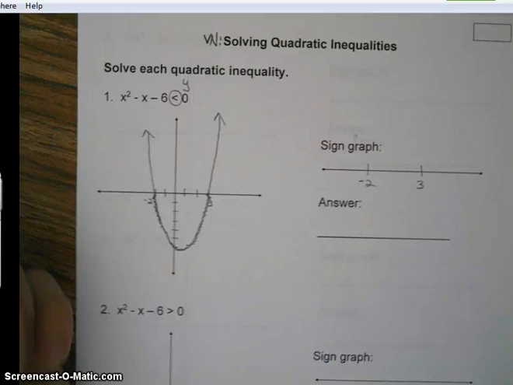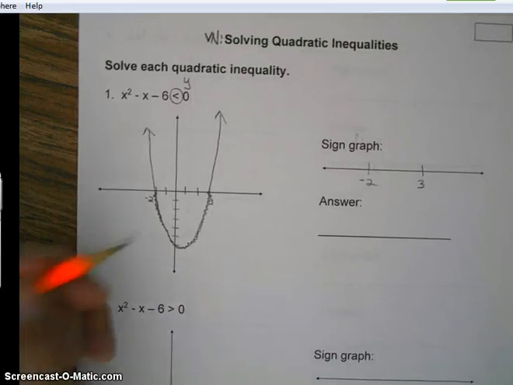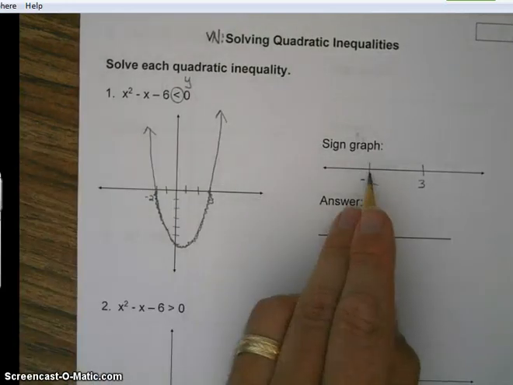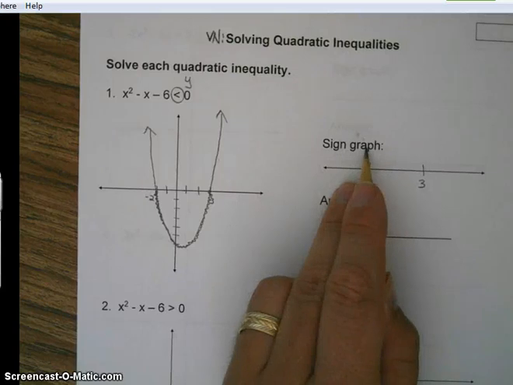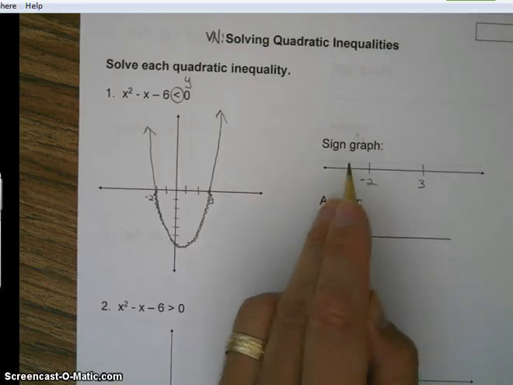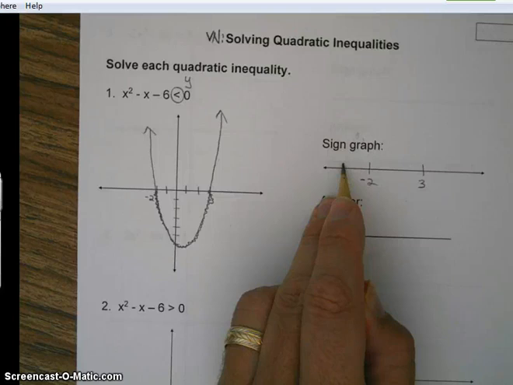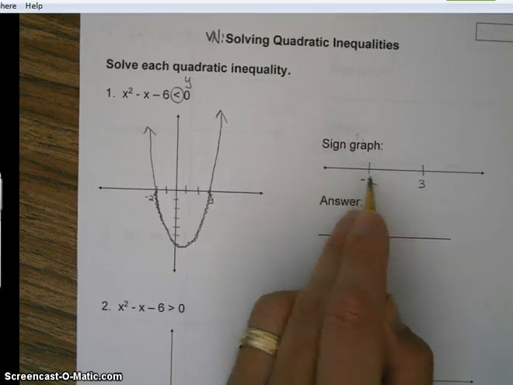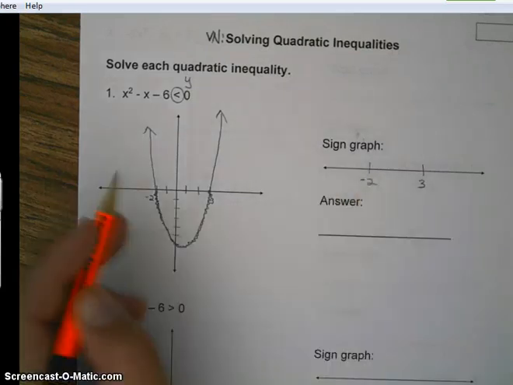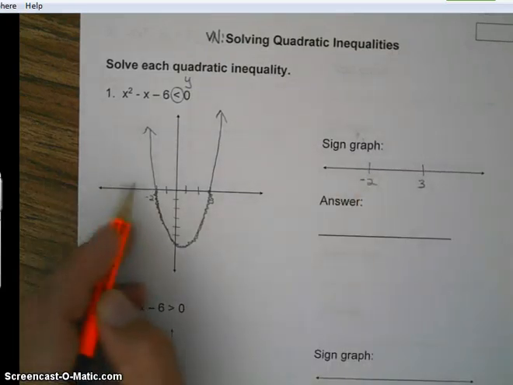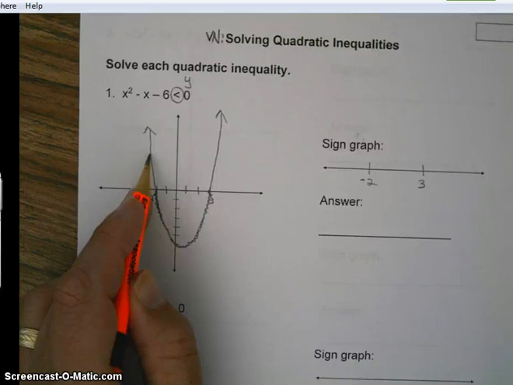Okay? So let's take a look. A sign graph is just telling us is the graph positive or negative. To the left of negative 2, the graph is positive.